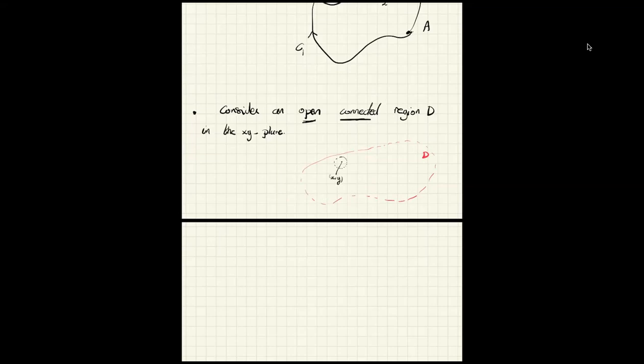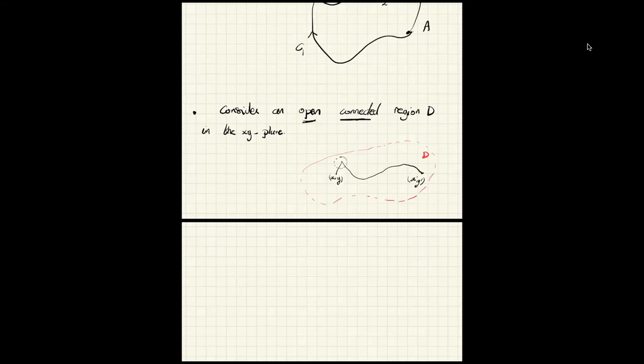This is open. And connected means if I give you another point, X prime, Y prime, inside D, I can find a path that goes from one point to the other and the path stays in D. This is what it means to be connected. Whatever two points, you can find a path.